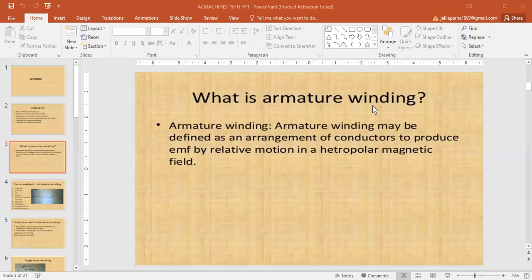With reference to the figure, the two conductors AB and CD along with the end connection constitute one coil or winding element of the armature winding. The coil may be a single turn coil or a multi-turn coil. A single turn coil or winding element will have two conductors, but a multi-turn coil may have many conductors per coil set.